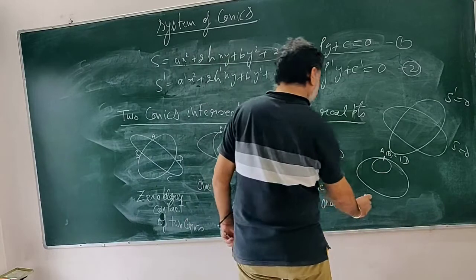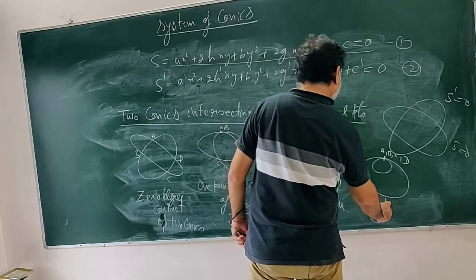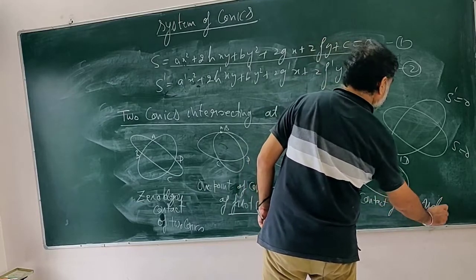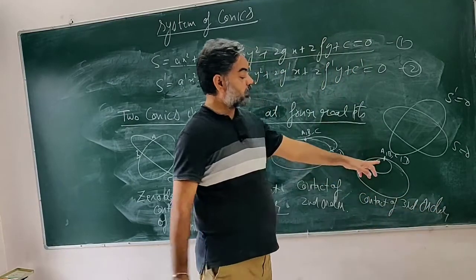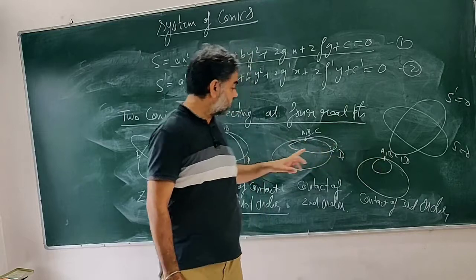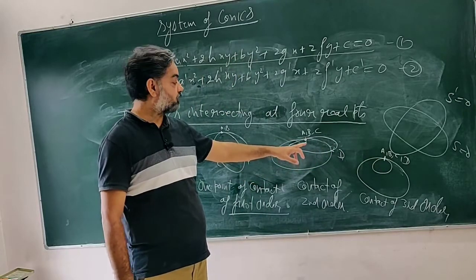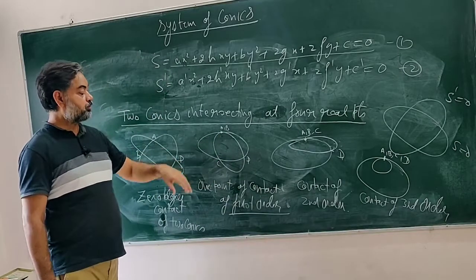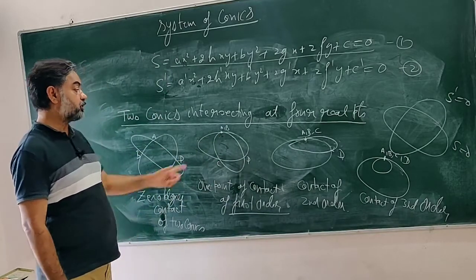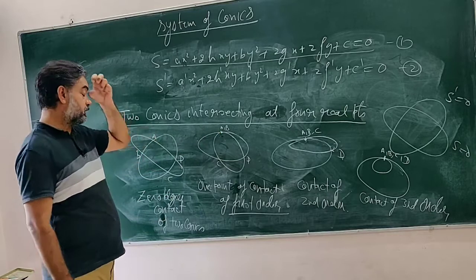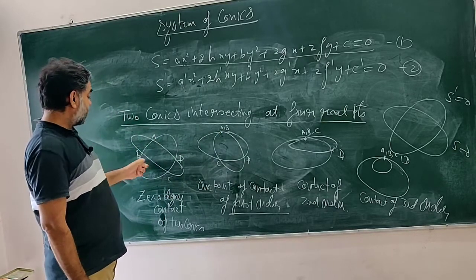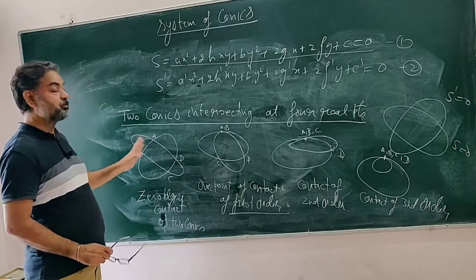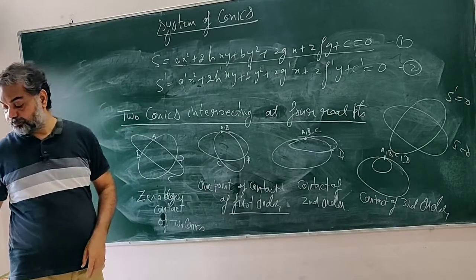Then this contact is called point of contact of third order. This kind is a point of contact of second order. This kind is a point of contact of first order, where two points meet. And in this type every point is a point of contact of zero order.